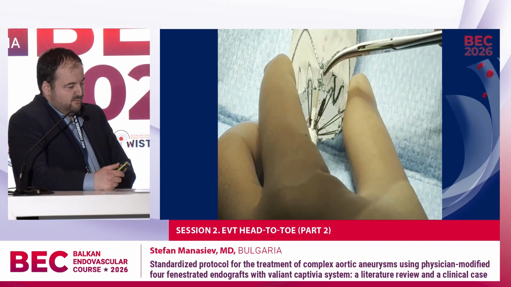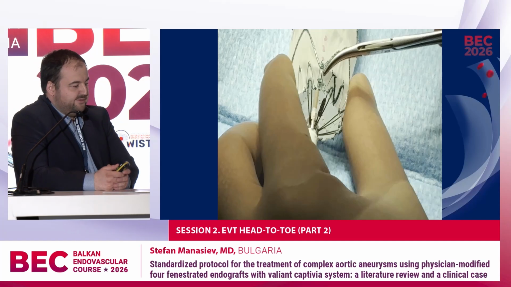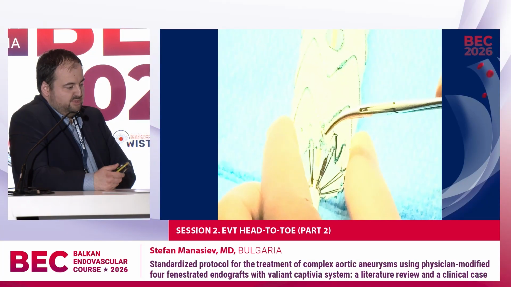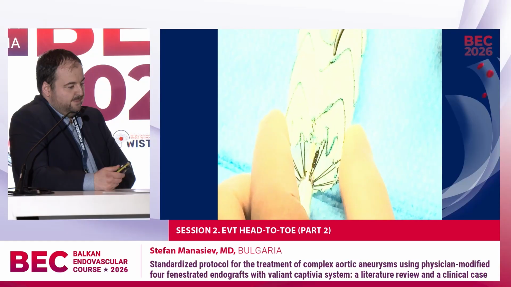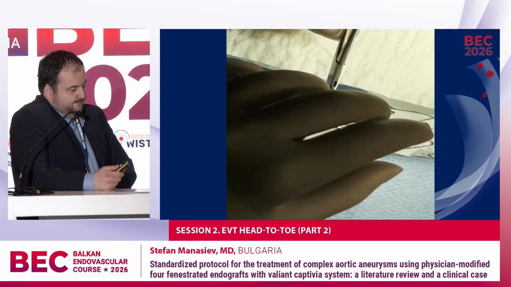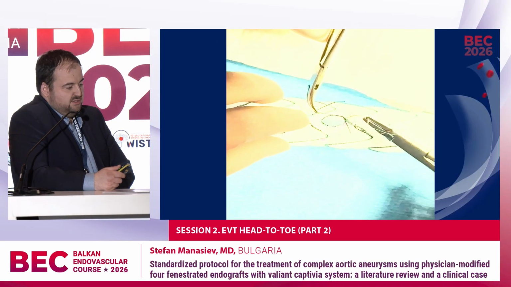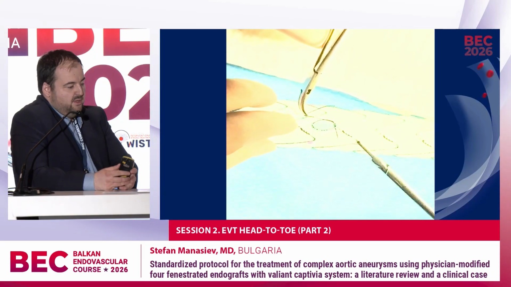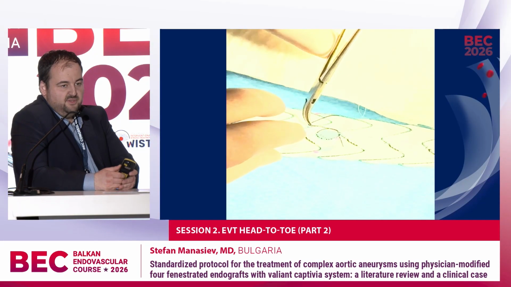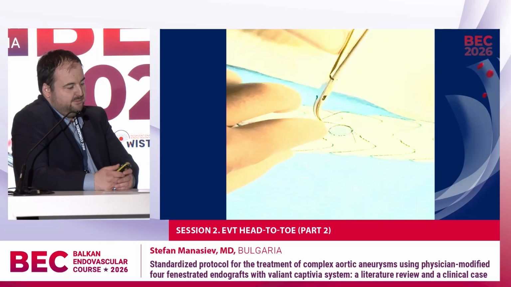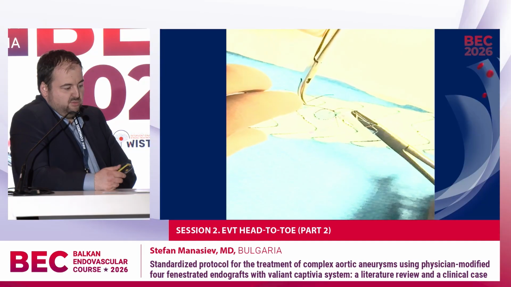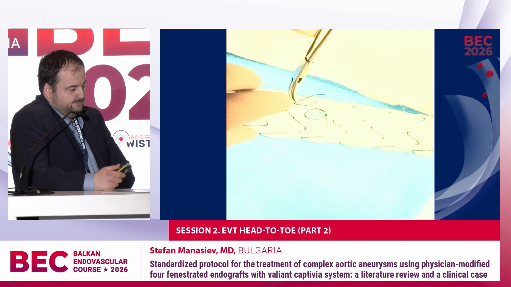This is the modification of the 8 marker to S marker, which defines the center line and the antero-posterior position of the endograft. This is the reinforcement of the fenestrations with the tip of the V18 guide wire, reinforced with a non-absorbable suture.